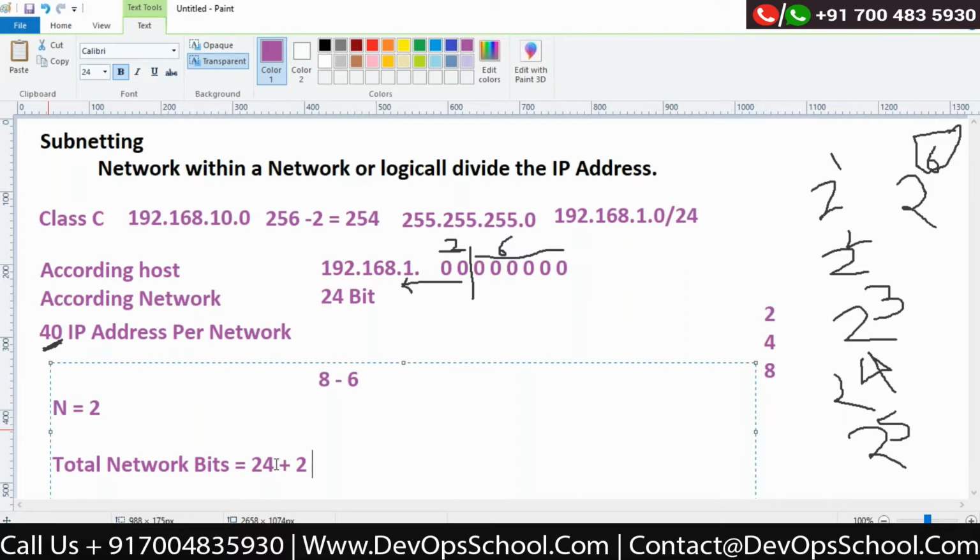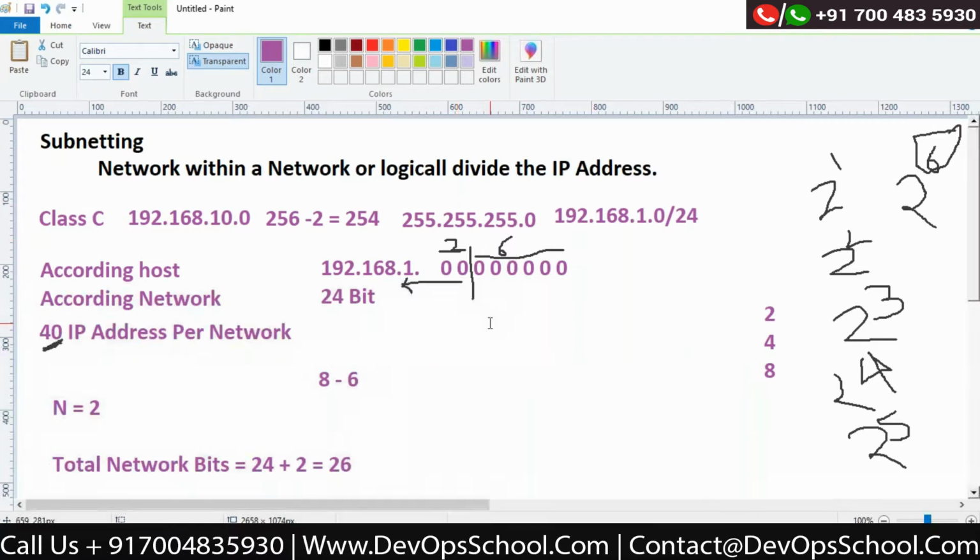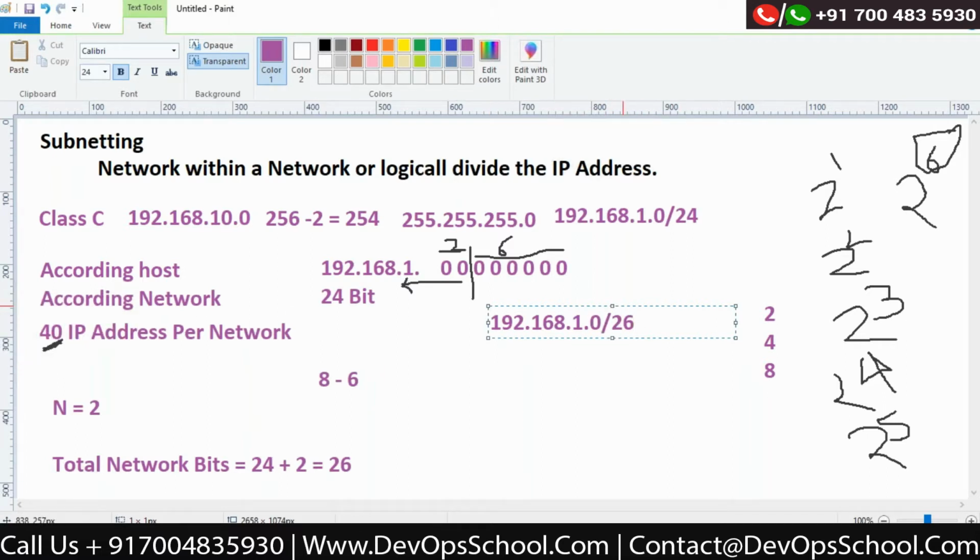Initially it was 24 because our network bits were 24, plus I'm adding these 2. So the total would be 26. If I change it to the CIDR method, it is 192.168.1.0/26. Now, if I give two additional network bits, this is what happens over here.